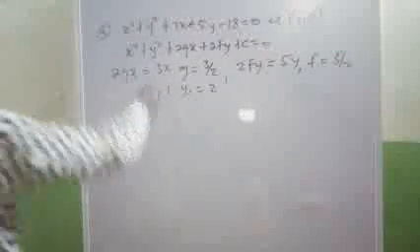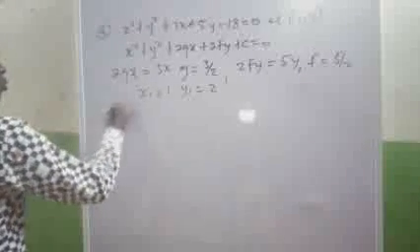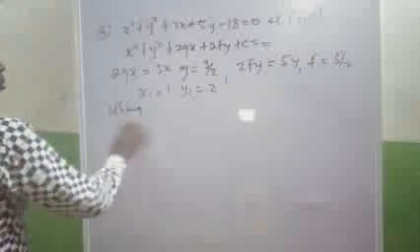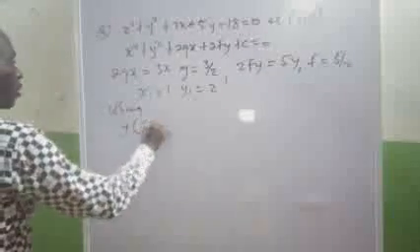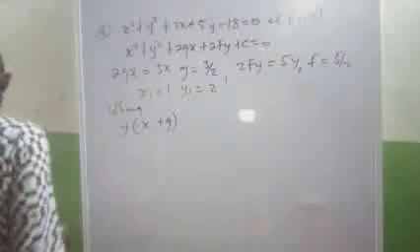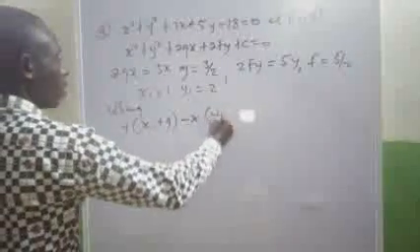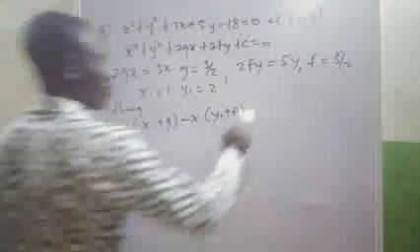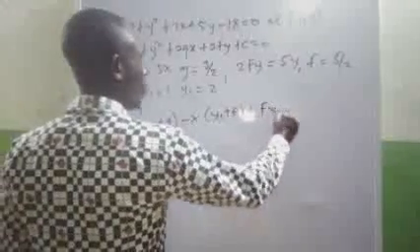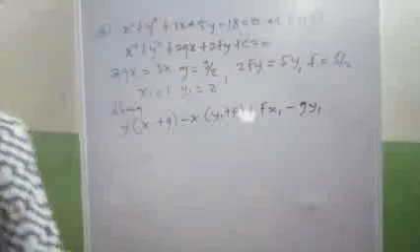So we substitute everything here into the formula. Using the formula y into bracket x1 plus g minus x into bracket y1 plus f, then we have plus f x1 minus g y1.